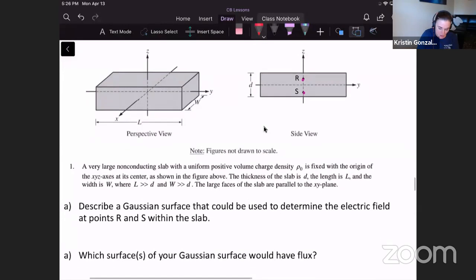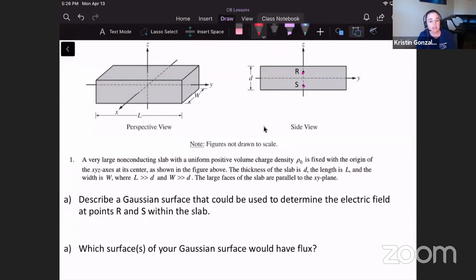Okay, so remember one thing we said you can do is use the same symmetry as your charge. So this charge is a rectangular prism. The thing that comes to my mind first would be to draw a rectangular prism that goes through R and S. And then the second thing is which of the sides of my rectangular prism would have flux. So I'm going to draw it a little bit here too so we can see that shape.